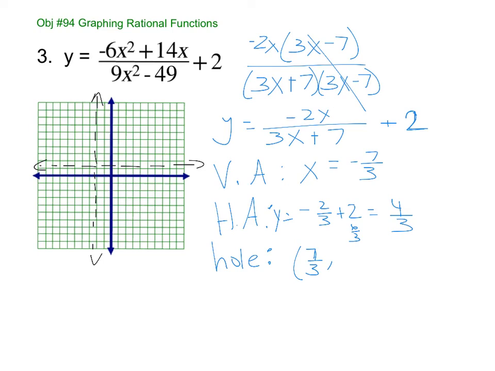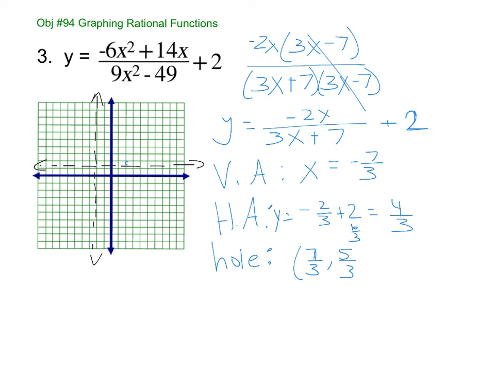So 7 over 3. Oops. We get negative 2 divided by, I got 5/3. So 2 and change, 1 and change.